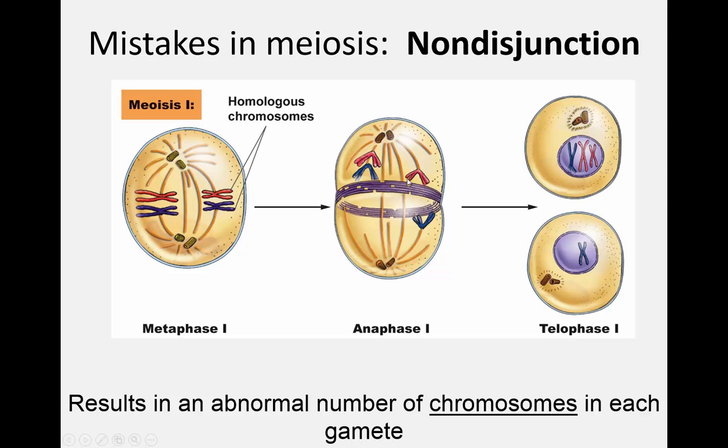Well, you can see what's happening here is the pair on the right is separating like it should, but the pair on the left isn't, and actually both members of that pair are going to the same side of the cell. As a result we end up with cells having too many chromosomes and too few chromosomes, and that can lead to a gamete having too many or too few chromosomes. And so there's a lot of different conditions out there that result due to non-disjunction that we'll talk about.